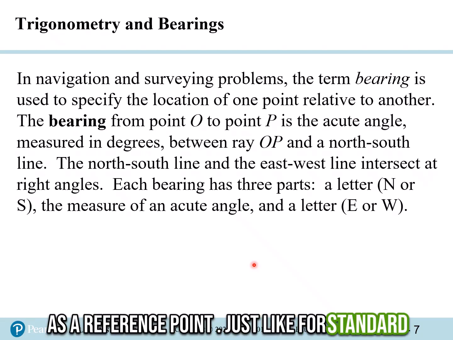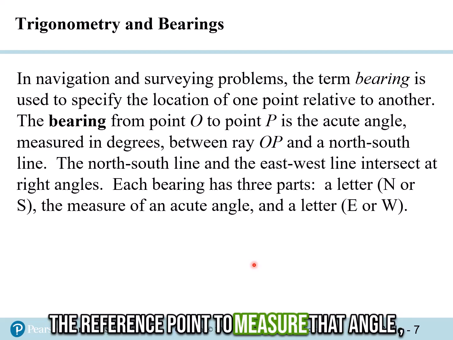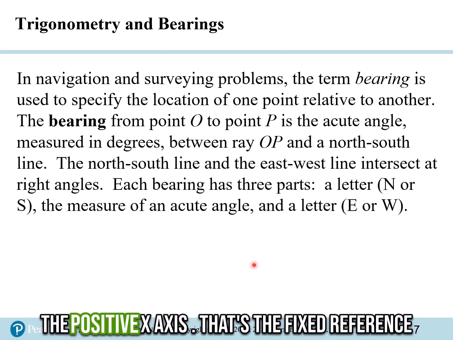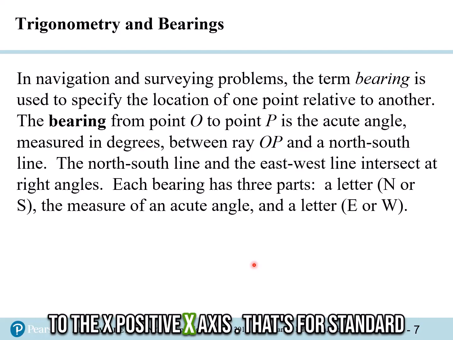Just like for standard angles, we use the initial side of an angle as the reference point to measure that angle, the positive x-axis. That's the fixed reference point, and then we measure the angle relative to the positive x-axis.